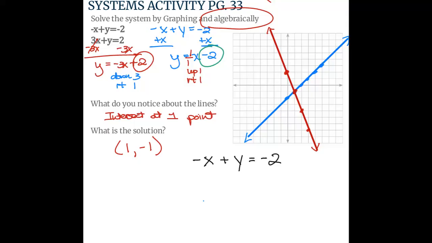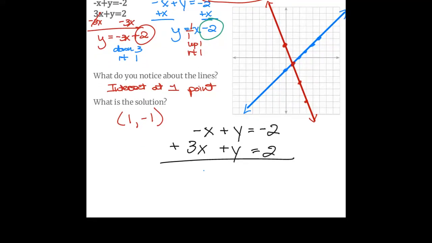When you have parallel lines, I should do this in a minute when I'm not writing all this down. So add these together. I don't have a y equals or x equals, so I would probably choose linear combination or elimination.